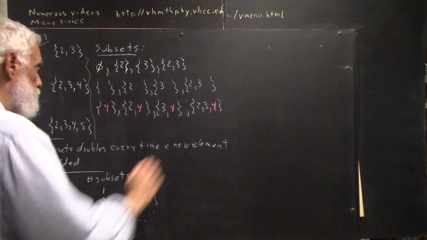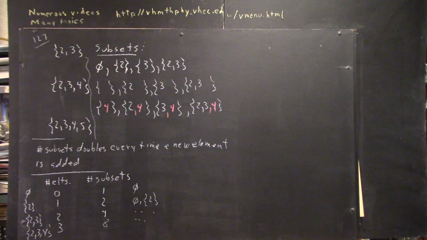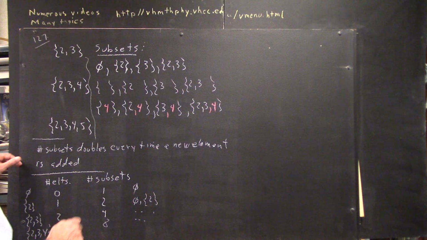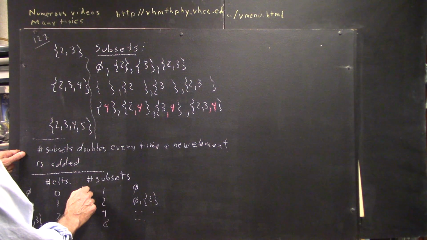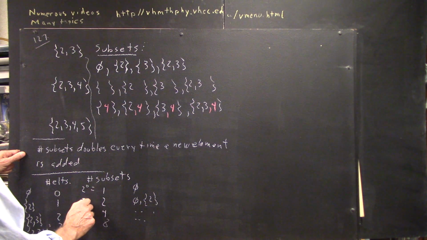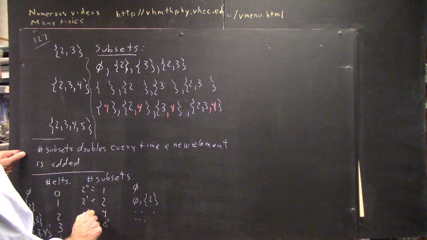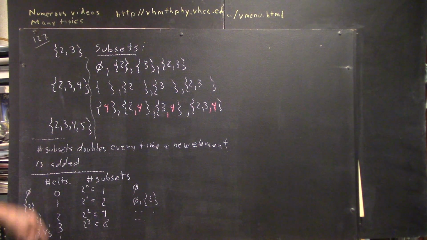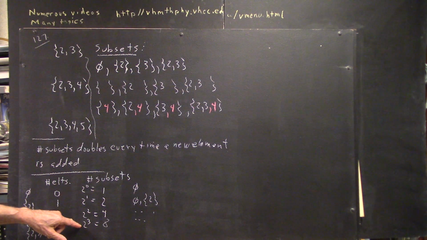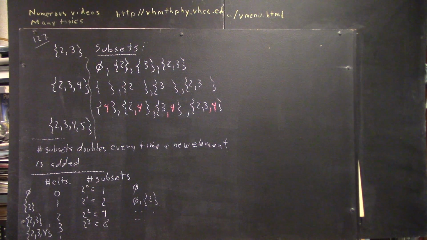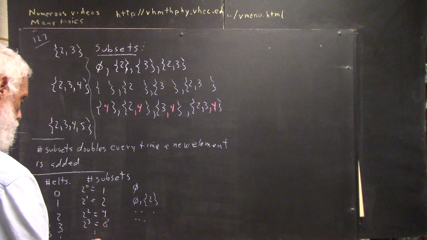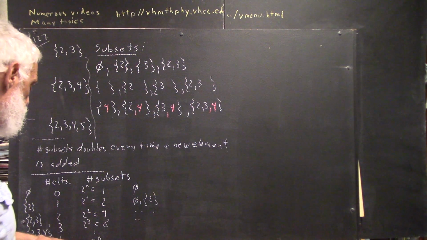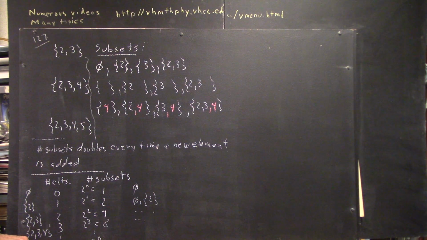Now, if we have n elements, well, we note that 1 is 2 to the 0, 2 is 2 to the 1, 4 is 2 squared, 8 is 2 cubed, and every time we're doubling the number, so the power of 2 is going to increase by 1 every time, and we're going to have then 2 to the n subsets if we have n elements.